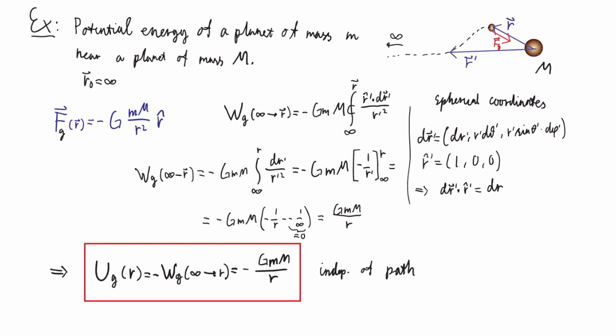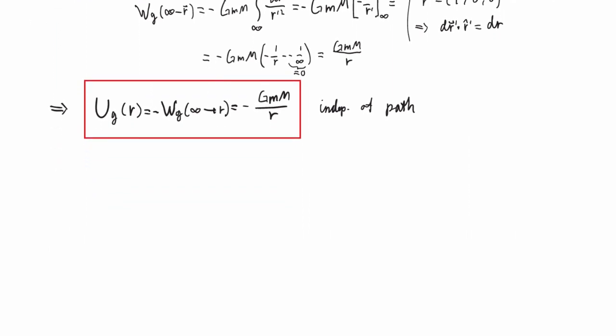Now let's, for a moment, step away from the specific to the more general. Let's say that we have a point R1 here and a position R2 over there, and we are interested in the movement of a particle from R1 to R2.